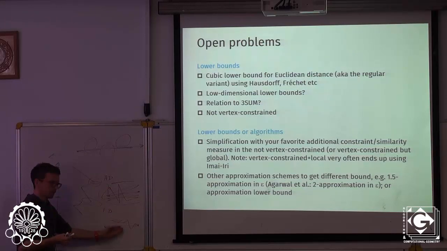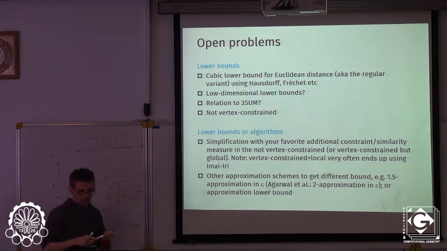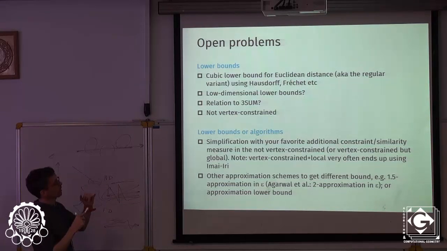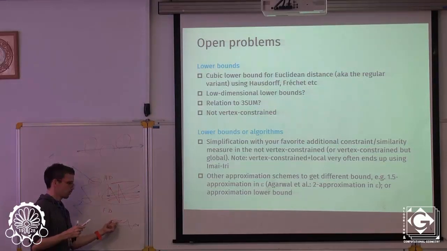I know this is similar to that segment, but maybe I could use fewer segments if I overall look at the curve and overall look at the similarity to the other trajectory. So that is a setting of global versus local, where I would argue, if you constrain yourself to vertices, it also makes sense that it should be similar to that subtrajectory.